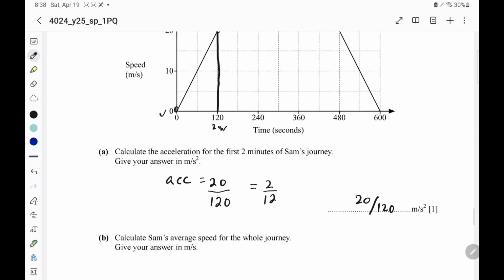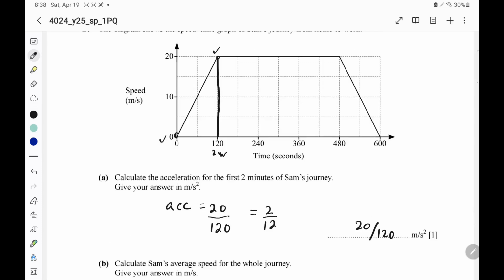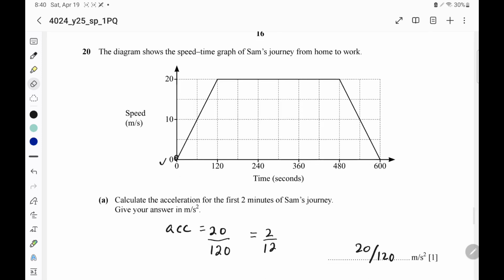For total distance, it's up to you to divide the diagram into two triangles and one rectangle. If I take the whole trapezium, it will be half times height, which is 20, times the sum of the parallel lines, where you take 600 and the other one as well. I'm using the trapezium formula.